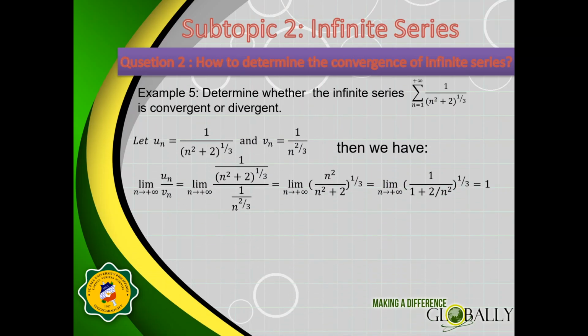For example 5, determine whether the infinite series here is convergent or divergent. We can use P-series, V sub n, P-series, right? Then we use the limit comparison test here. We know the limit is 1, right?